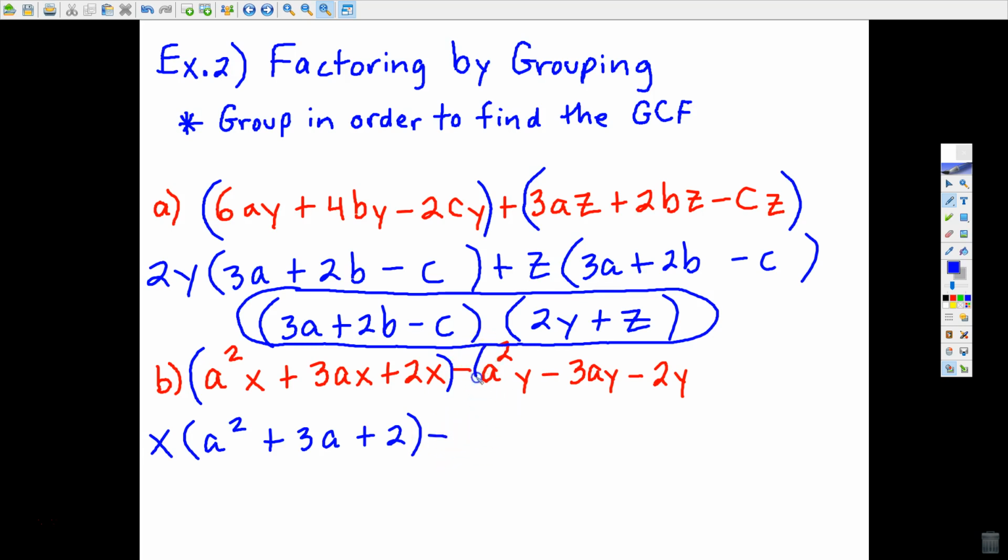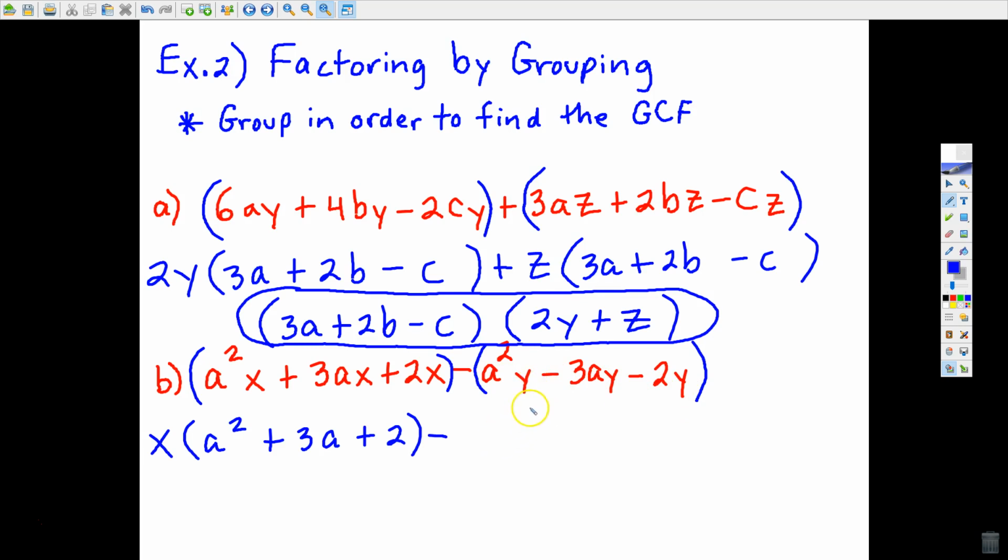And then Luke, can you help me out with the second group of 3? What is the GCF? 1. 1 won't count as a GCF. Do you see something in common with these 3?